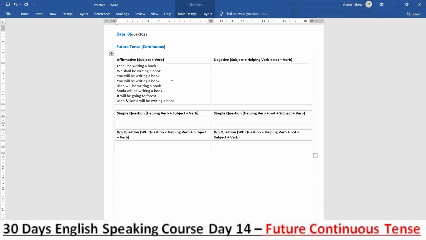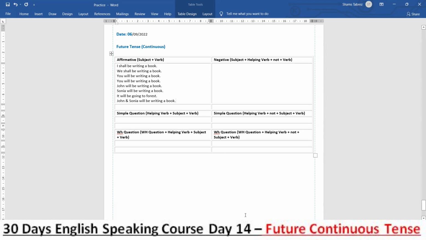John will be writing a book. John book लिखेगा. Sonia will be writing a book. Sonia book लिखेगी. It will be going to forest. ये forest जाएगा. John and Sonia will be writing a book. John and Sonia एक book लिखेंगे.